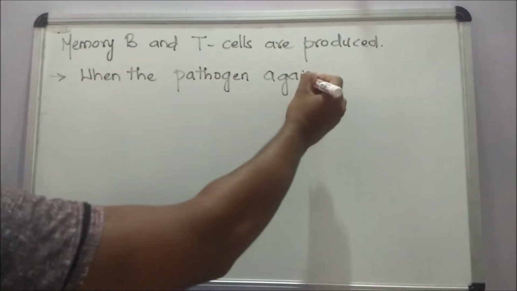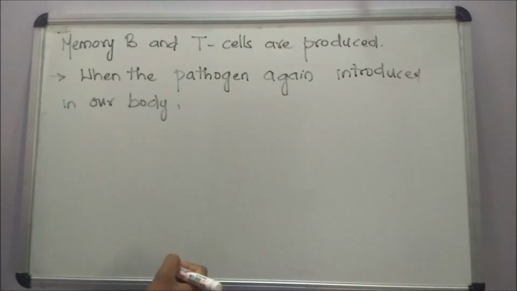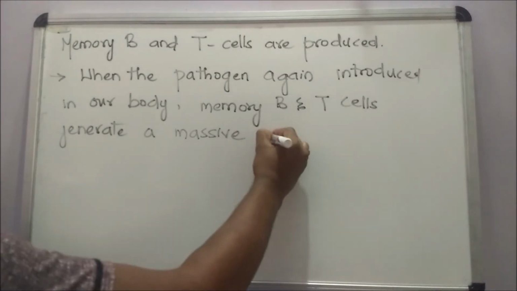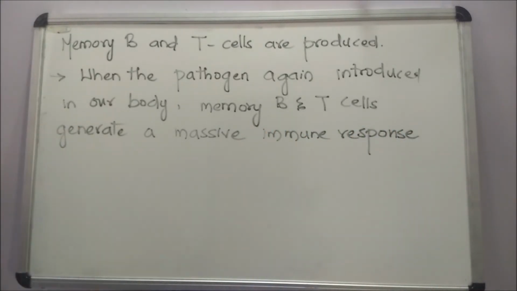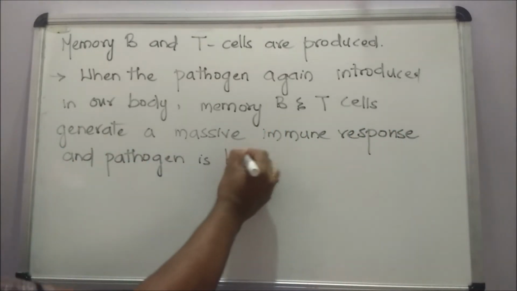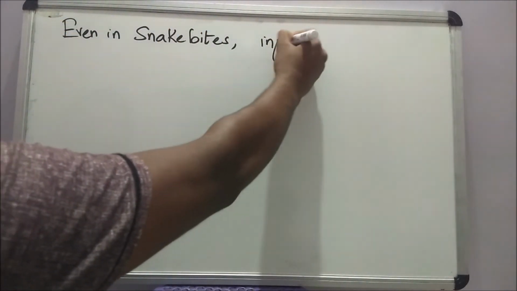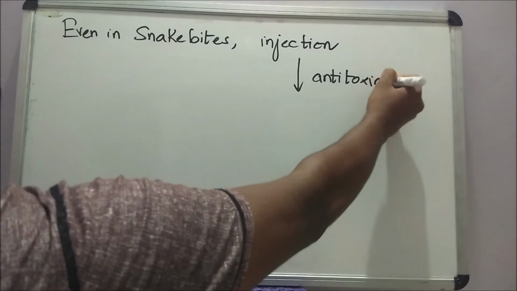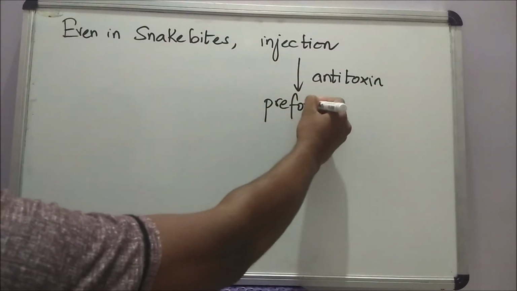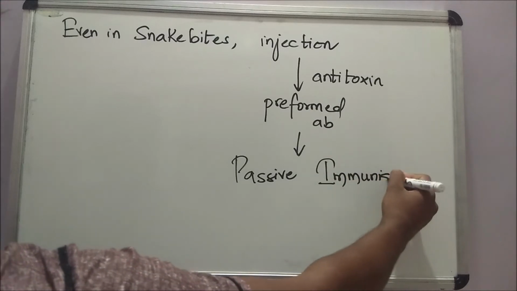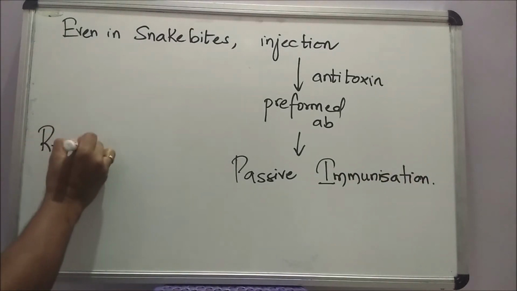Now, when the pathogen again attacks the same person, memory B and T cells generate a massive immune response and the pathogen is killed. Even in snake bites, the injection given to patients contains preformed antibodies or antitoxins against the snake venom. This type of immunization is called passive immunization.